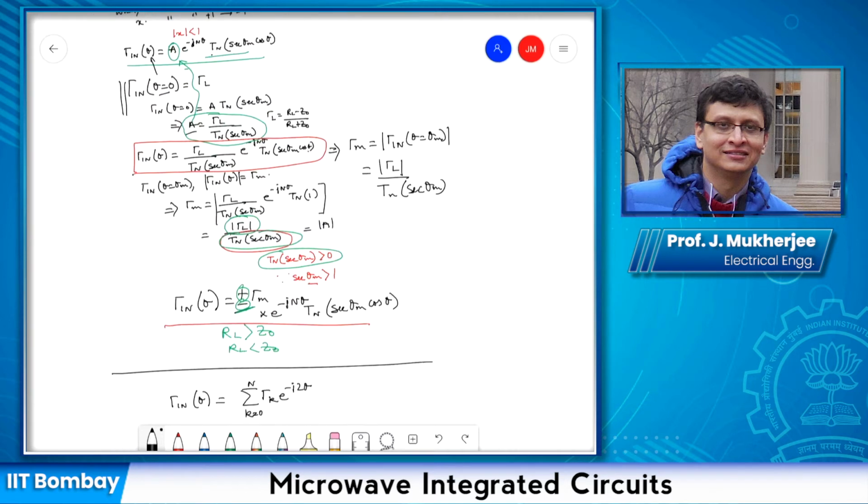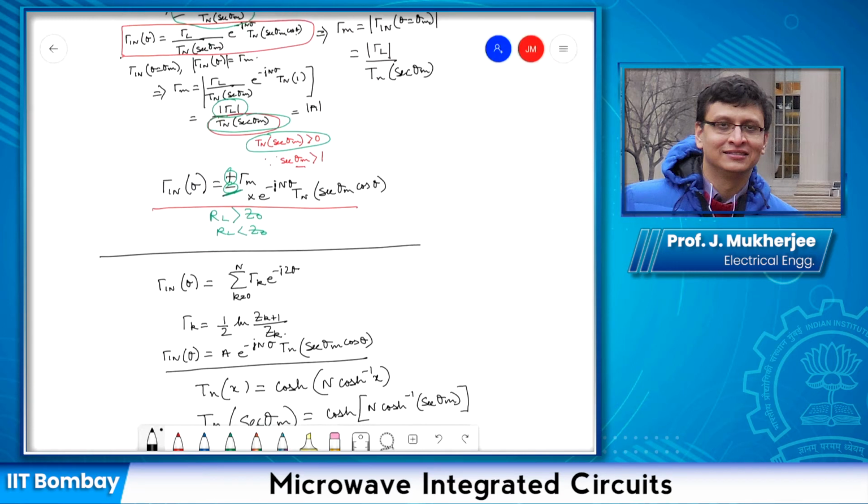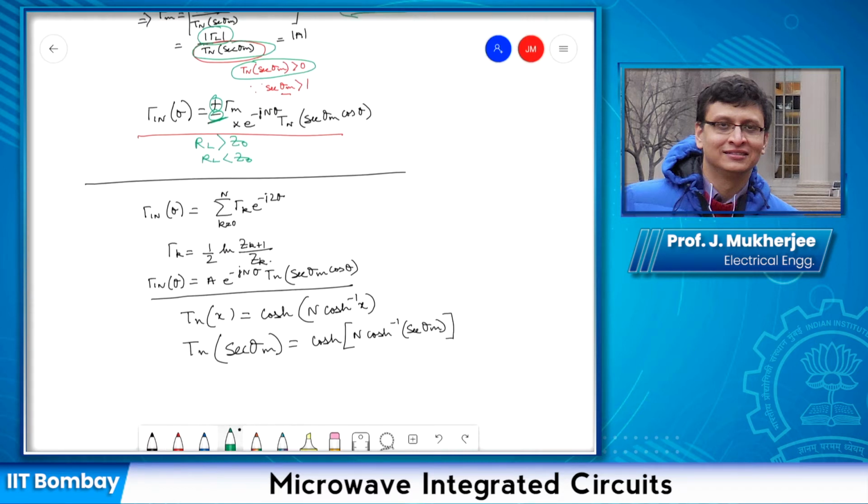So now the value of this Tn sec theta m we have just determined in this equation.